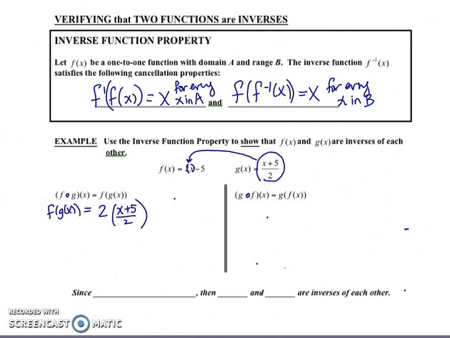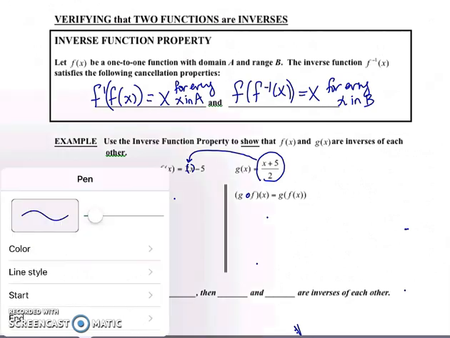Well, if we follow PEMDAS for simplification, the first thing that's going to happen here is our 2's are going to cross out. So then we're going to be left with x plus 5 minus 5. Then the second thing that's going to happen is our 5's are going to cancel out and we're just going to be left with x. So that side shows that this property is true.